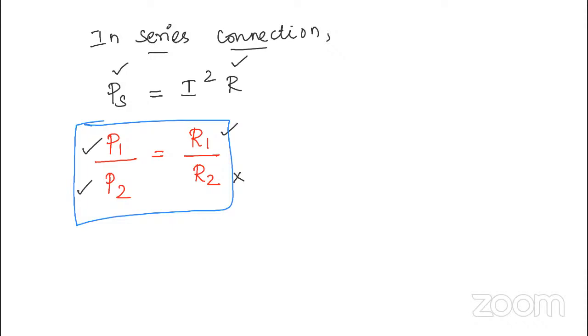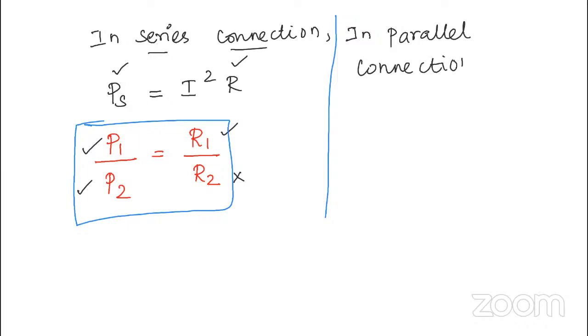Suppose it is a parallel connection. In parallel connection, the value of P is V square by R, that is, we can write the third formula. So here, P and R are inversely proportional.